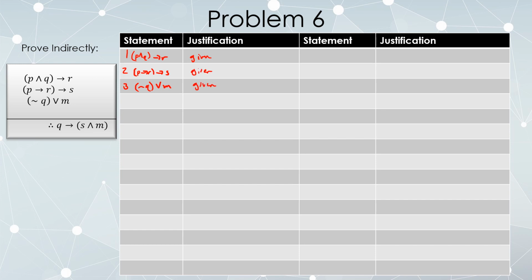Without thinking very much, I'm just going to go ahead and say line 4: let's assert what we are trying to prove. Now this is a conditional statement, so we do have to follow it up with an assumption. Since we asserted a conditional statement, direct proof could be on the table, but we are specifically asked to do an indirect proof, so we're going to negate the whole thing we just asserted and see what happens. With a negation of a conditional statement, we have a true hypothesis and a negated conclusion.